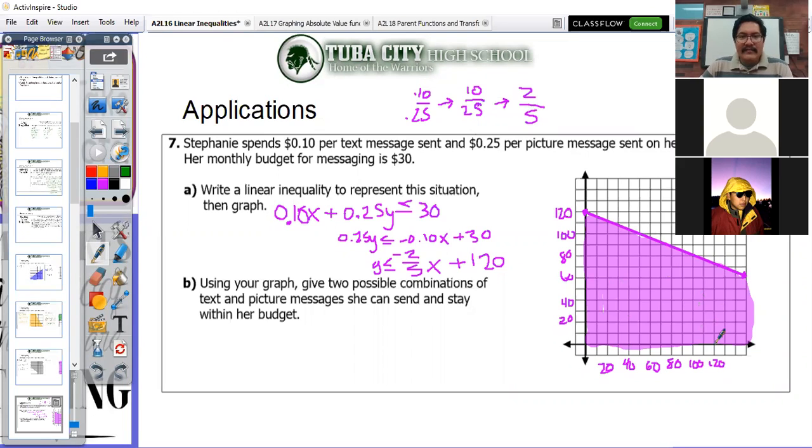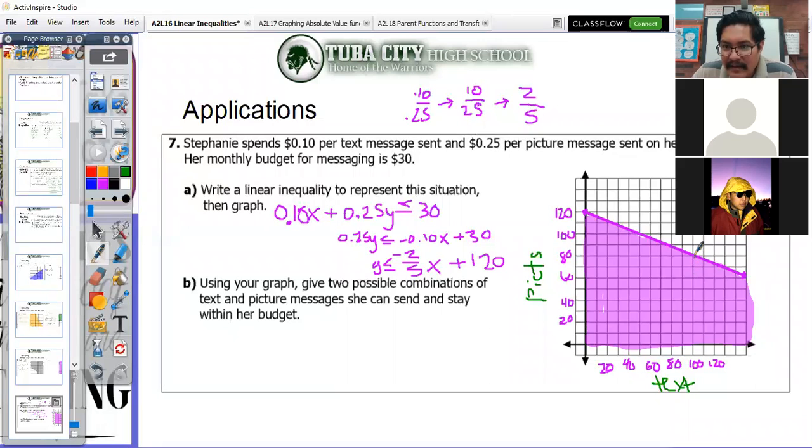Anyway, so let's see, give 2 possible combinations that she can use to stay within her budget. All right, so I'm gonna label them just because I want to make sure I get them right. So let's say that she's gonna send 100 texts.